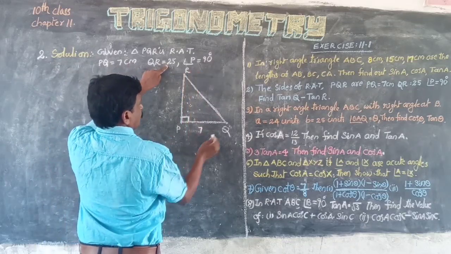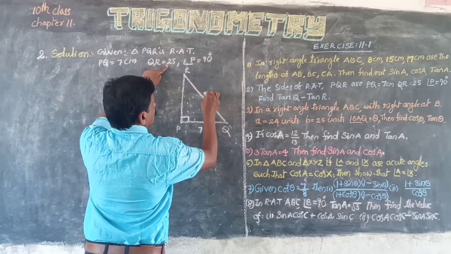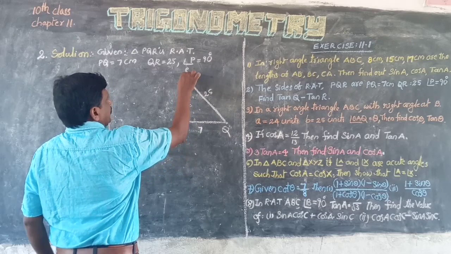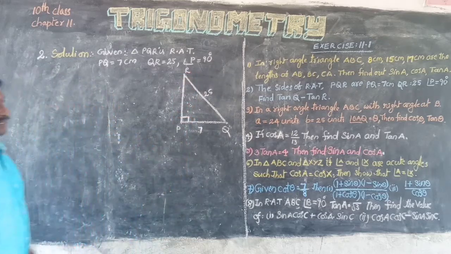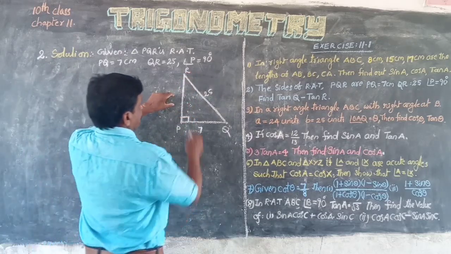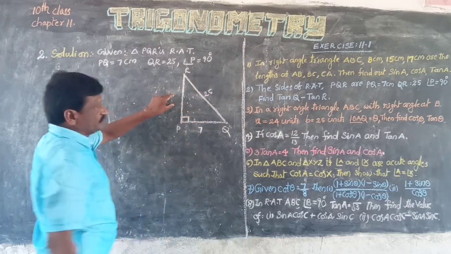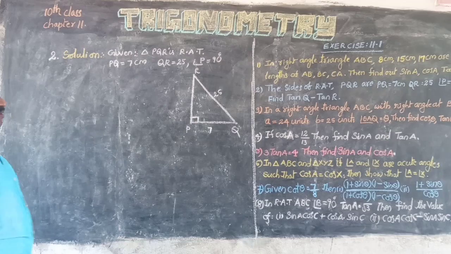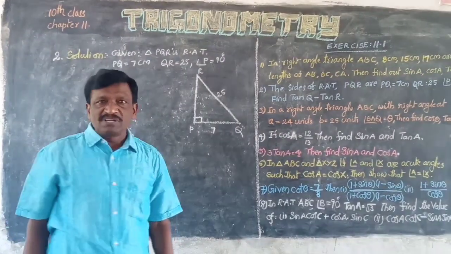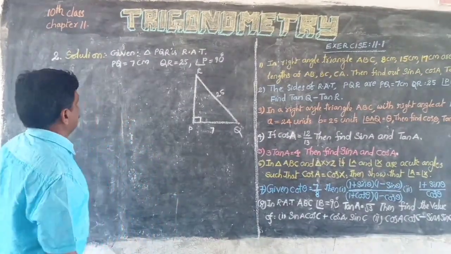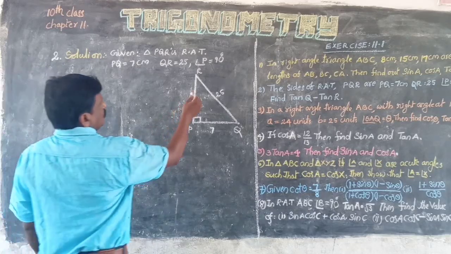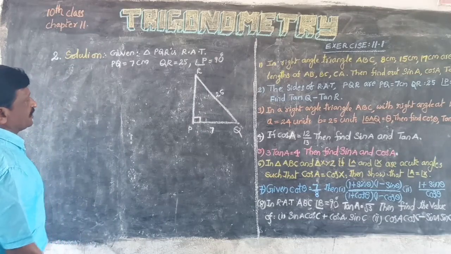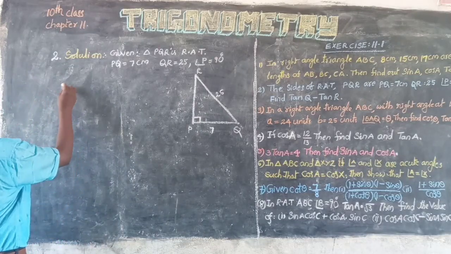QR is equal to 25 centimeters. PR is not given here, so it is a side. It is a right angle triangle. We know the Pythagoras formula: hypotenuse square is equal to side square plus side square. First, we want this side. The side is PR.